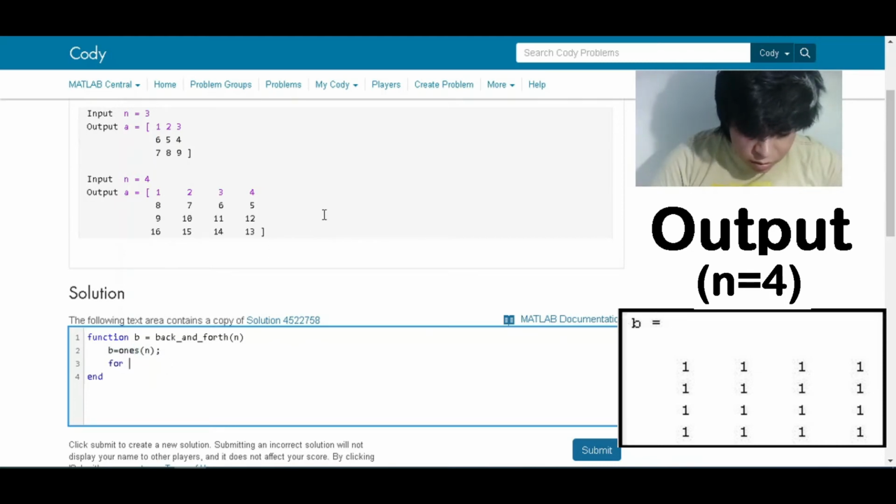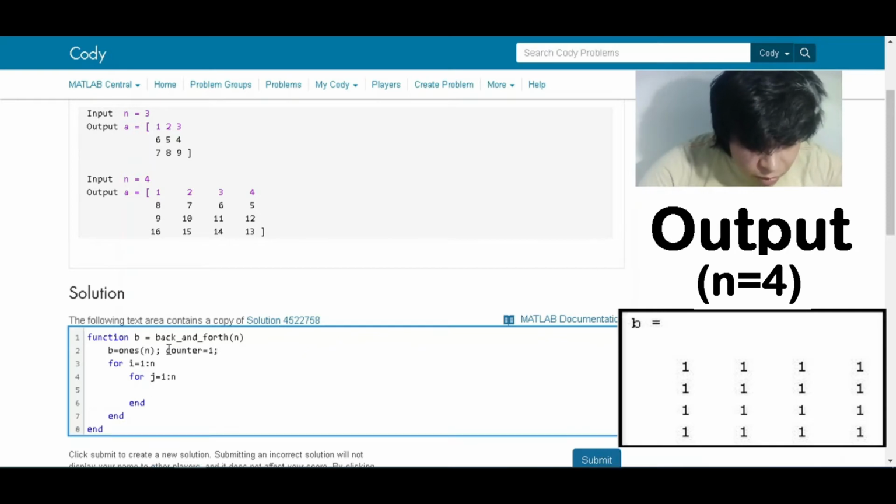So this is a traditional way to create a matrix: for i equals 1 through n, and then for j equals 1 through n, and then for example just give a counter.